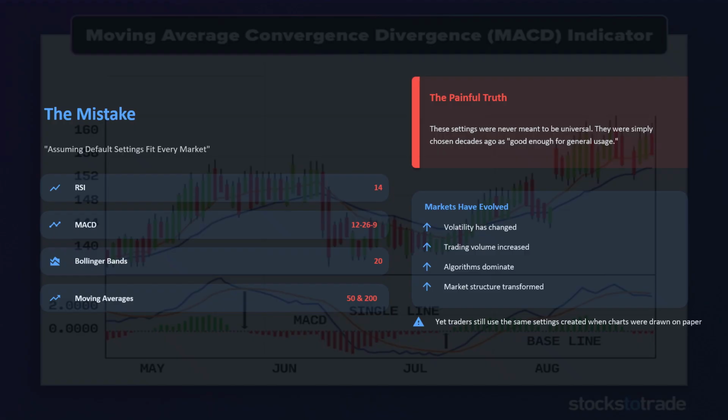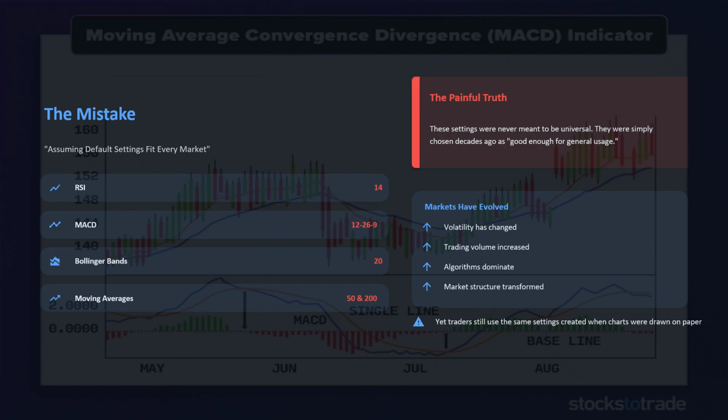But the painful truth is, these settings were never meant to be universal. They were simply chosen decades ago as good enough for general usage. Markets have evolved. Volatility has changed. Trading volume, algorithms, structure, everything is different.